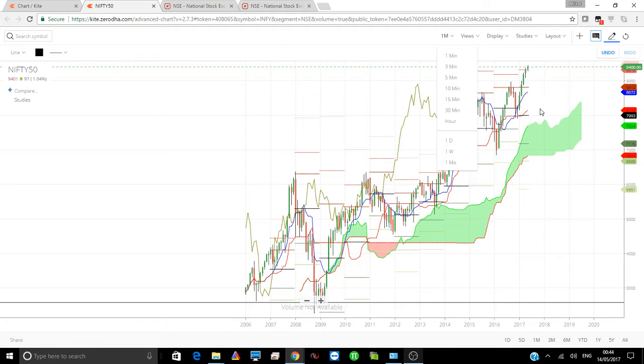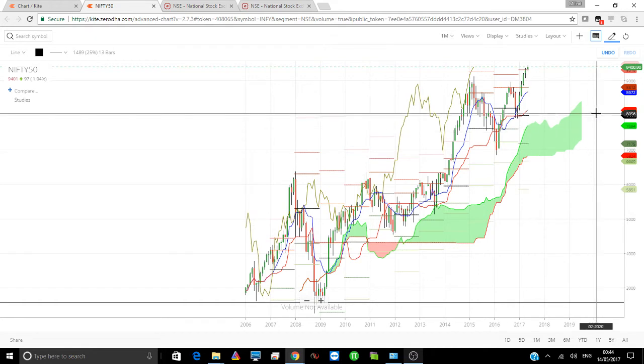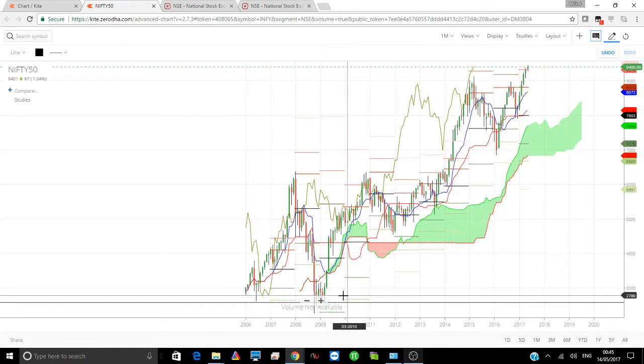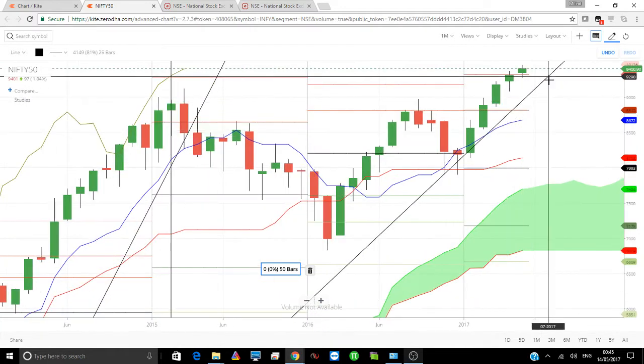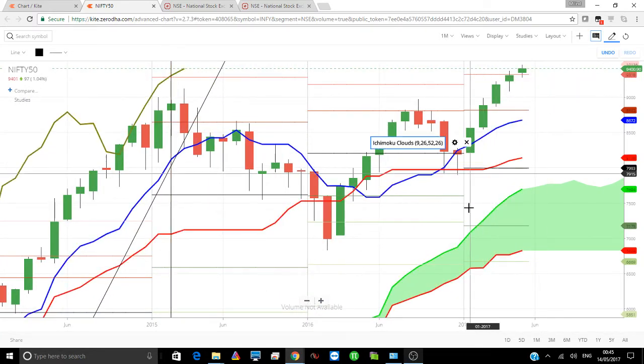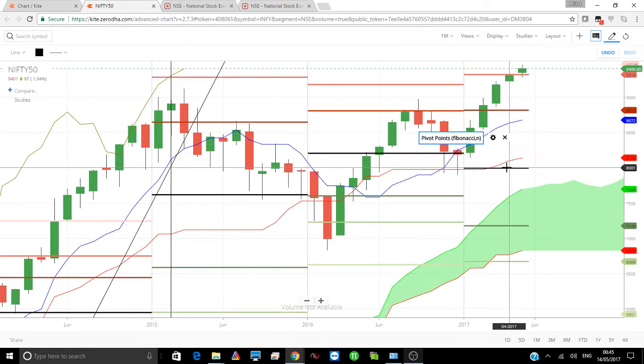There's one very important thing based on the monthly chart that you would notice. Let me just first zoom in here. If you really look at the pivot points, see, Nifty is already above the S2 pivot line.